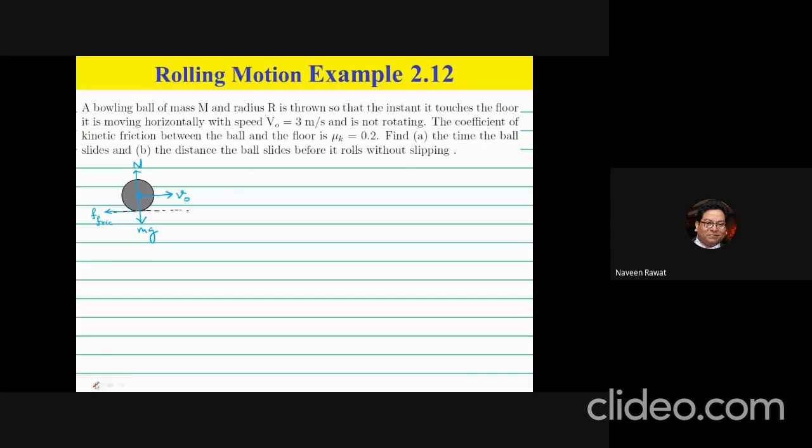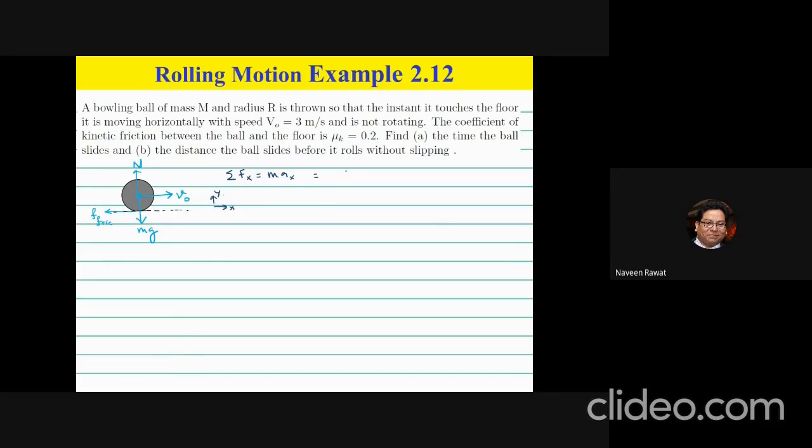The summation of forces in the x direction will be mass times acceleration in the x direction. That is your equation of motion from Newton's second law. So what are the forces in the x direction? We define this as the x direction and this as the y direction.